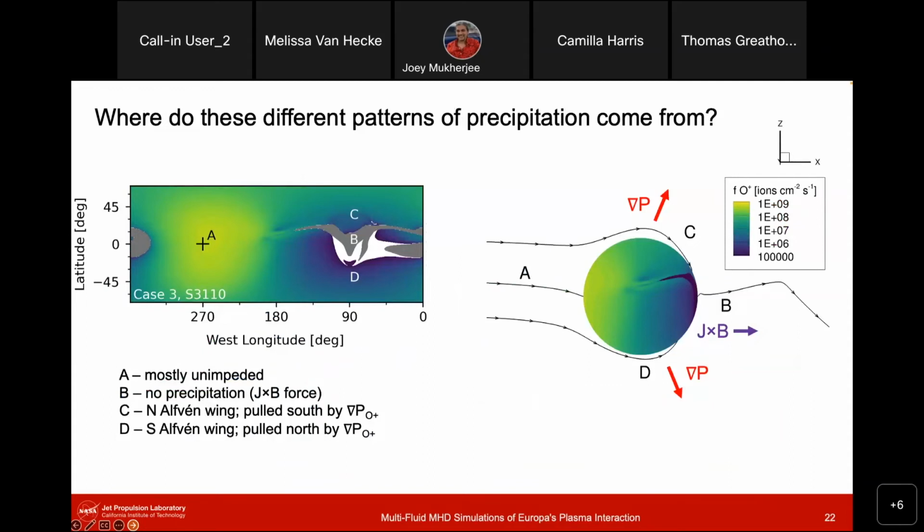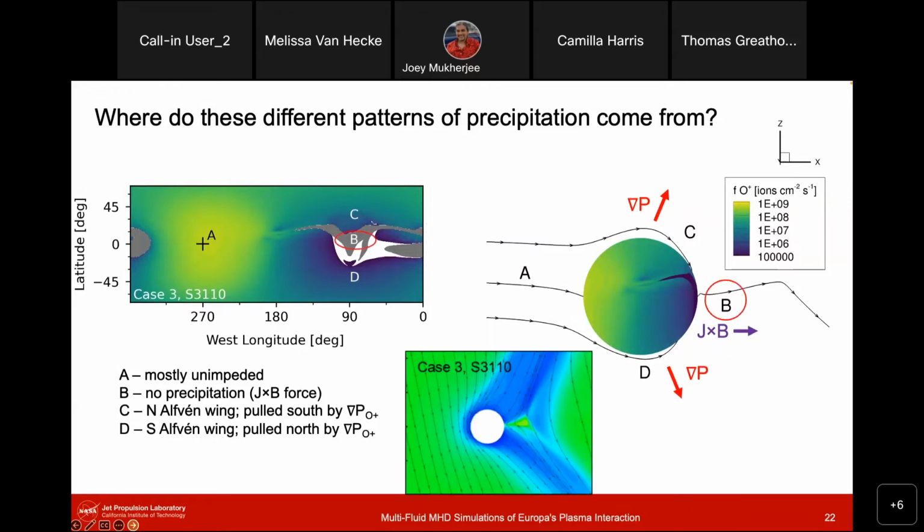So what I've done is taken one of these panels and identified points A, B, C, and D, and on the right, we have the streamlines associated with those points, which have been traced into the 3D simulation. The A streamline, again, is mostly unimpeded. This is flow that is going to the surface with the minimum amount of deflection and interaction, and so it can most efficiently deliver plasma onto the surface.